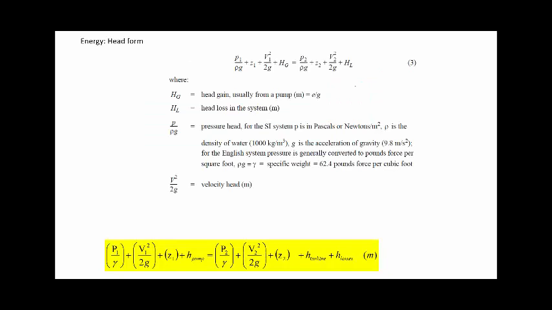So in this form, we are adding now a pump. So a pump adds energy. So if you have the pump between point 1 and point 2, it's adding energy to the system. Now, we saw the losses here, but the losses could also be because there's a turbine. A turbine takes energy away from the water.